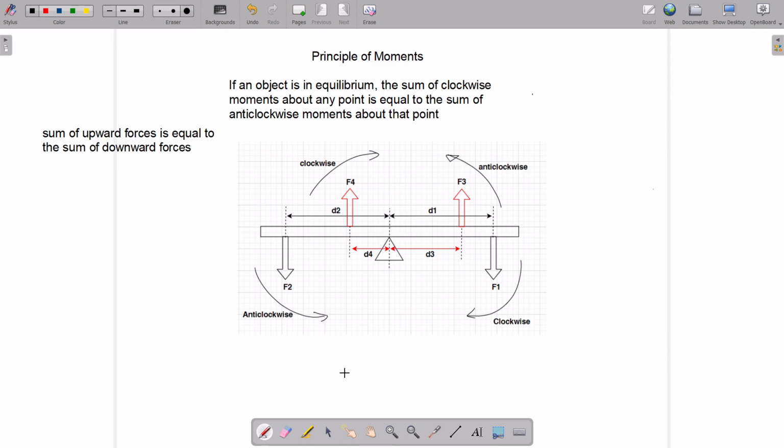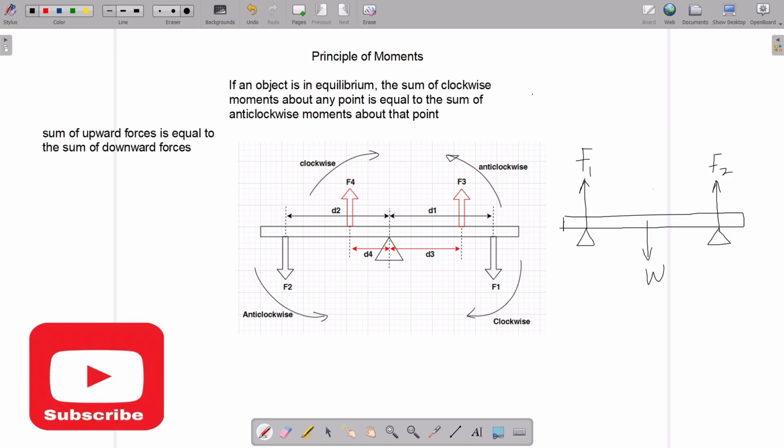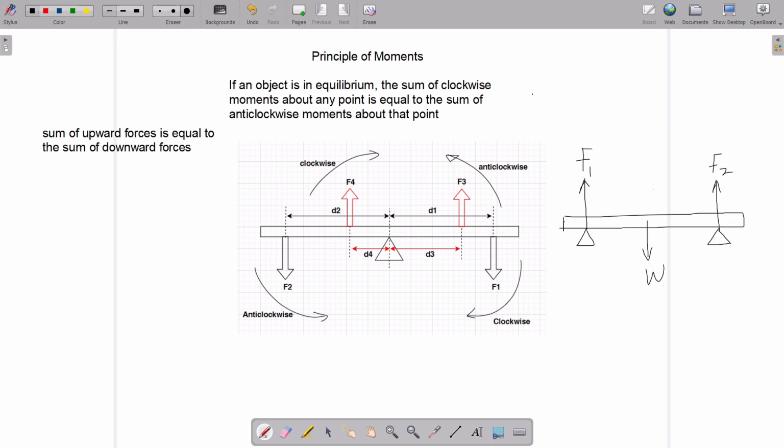Now, sometimes in questions involving moments, you can have two pivots acting, or it could be two forces acting from two different points, in which case those points are going to be the pivots. And you would be asked to solve questions involving that. So let me quickly run you through that particular instance to see how you are going to deal with a situation like that. In this particular instance, we have two pivots on which the bar is resting.